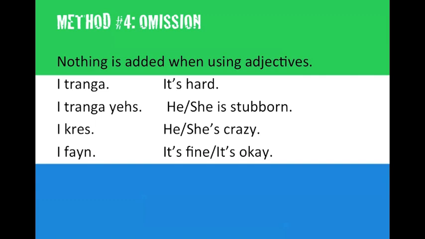I tranga yes. I tranga yes means, again, stubborn or hard-headed. I kres, he's crazy. If I were talking about my ex, I would say i kres. And the next one we have is it's fine, it's okay. I fine.